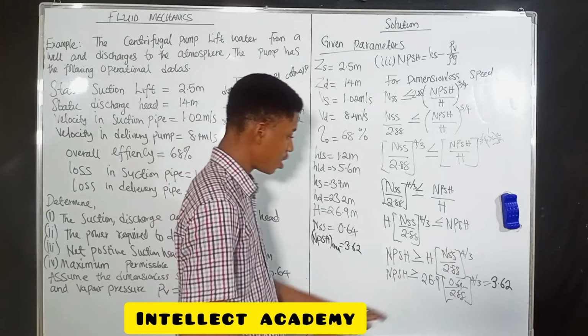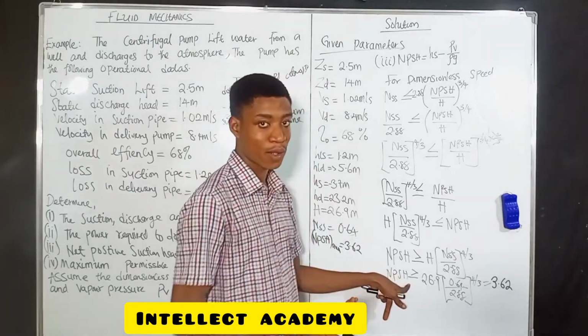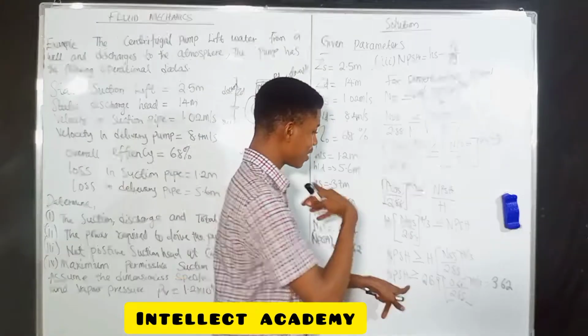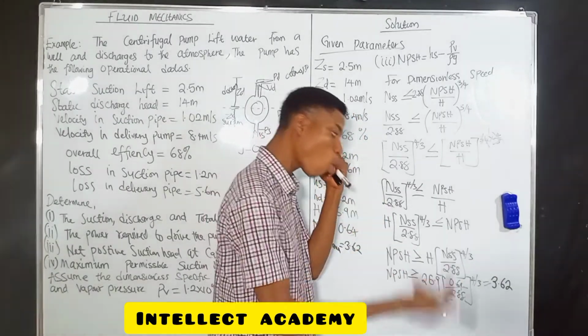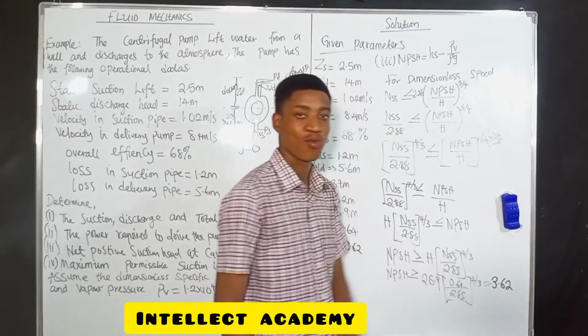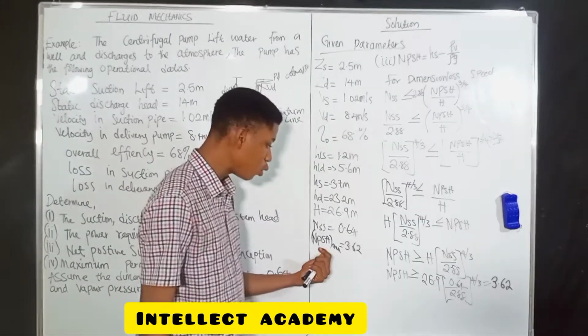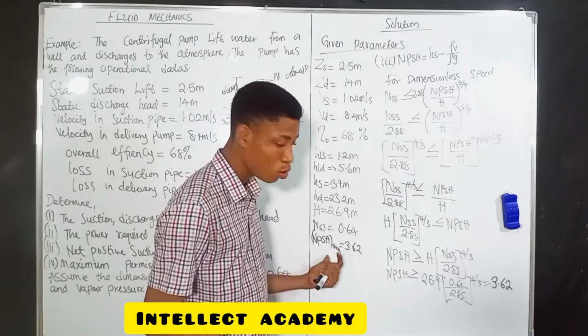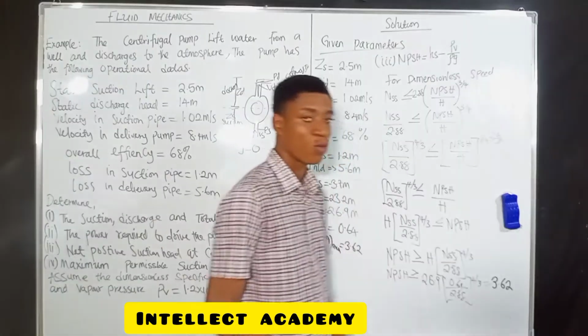Now this inequality sign gives us the description of what I said earlier, that it is greater or equal to 3.62. It can never be less than 3.62. So therefore the minimum value as cavity inception is equals to 3.62.